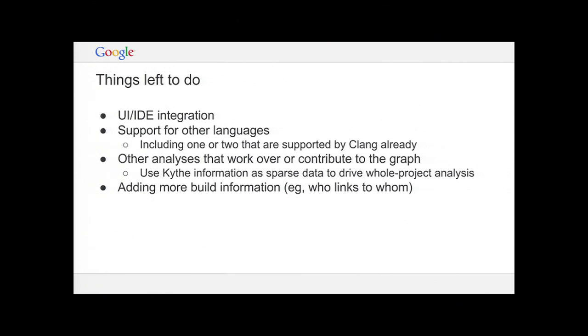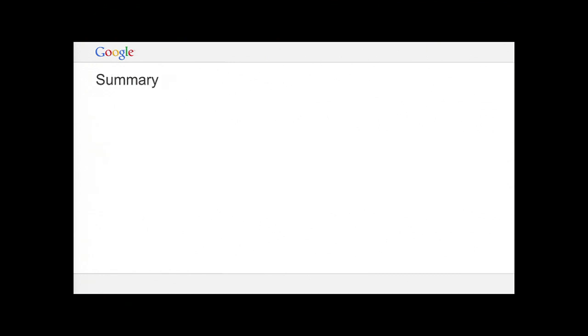But if you're searching for main, you'd really like to filter on a particular executable, right? Or generally, if you're searching for anything, you'd like to be able to provide the engine with some idea about what context you're in. Having this extra information would allow us to provide that. We'd also like to be able to do quicker updates of the graph. Right now, it's kind of a whole program analysis to build this thing.